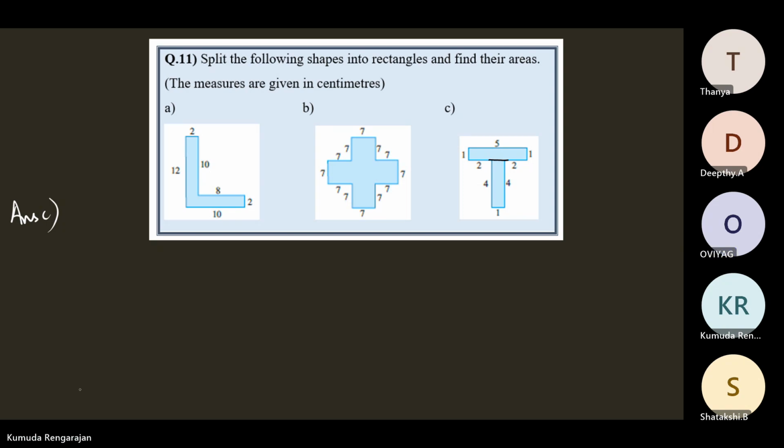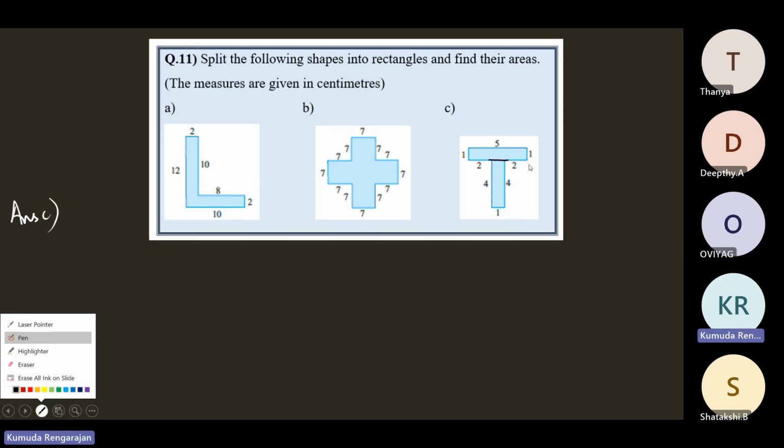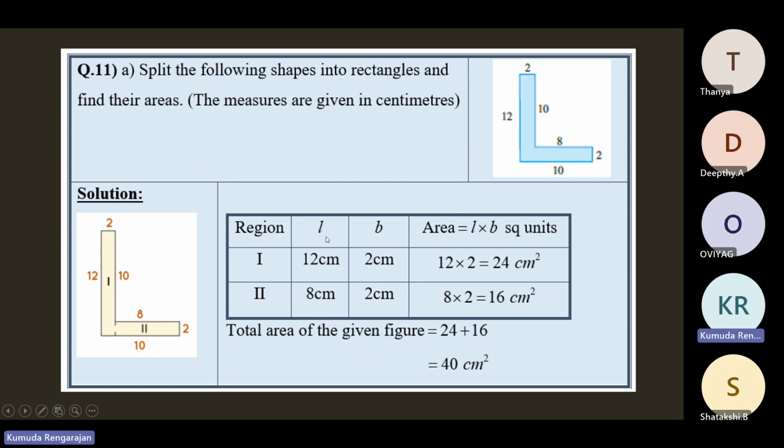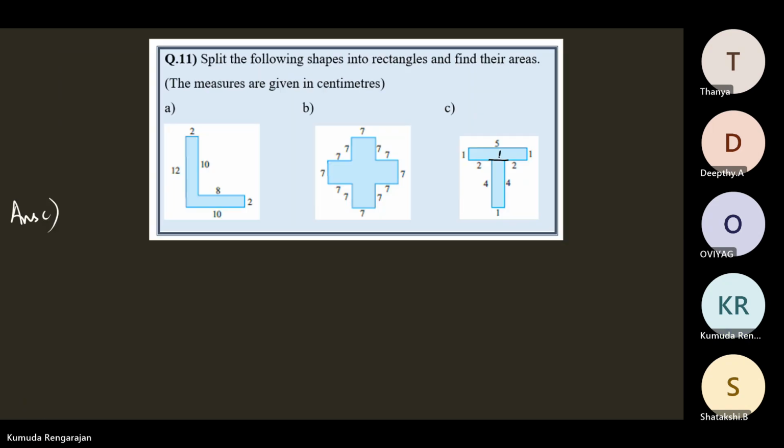Yes, ma'am. Which is region 1? Is this region 1? Yes, ma'am. Okay, fine. Ma'am, for region 1, there is pi in the top, ma'am. The pi should be down also, ma'am. Correct.